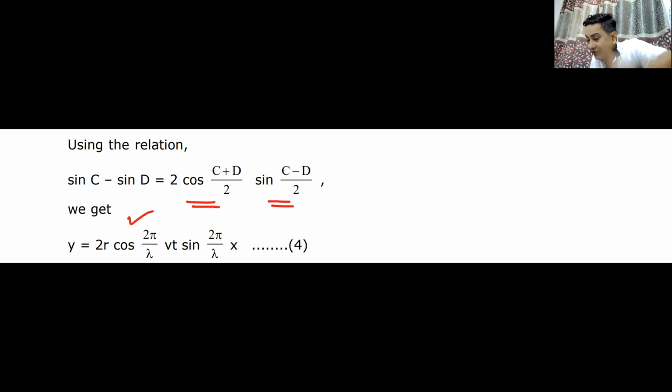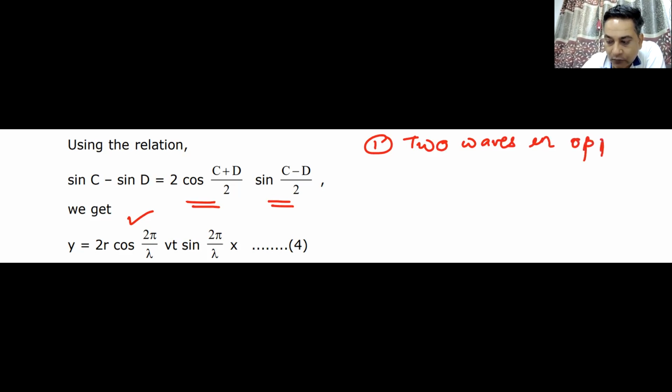What are the important things that you must remember about the standing wave? First, they are formed by superimposition of two waves moving in opposite direction. Two waves in opposite direction.